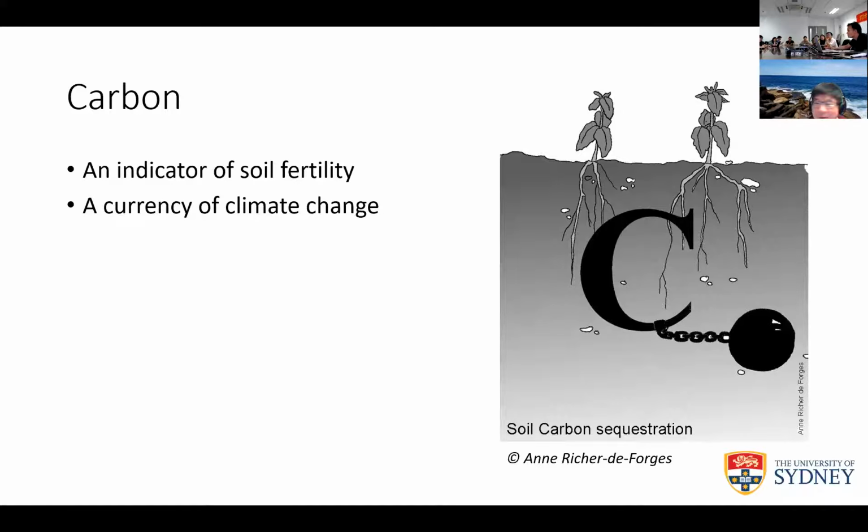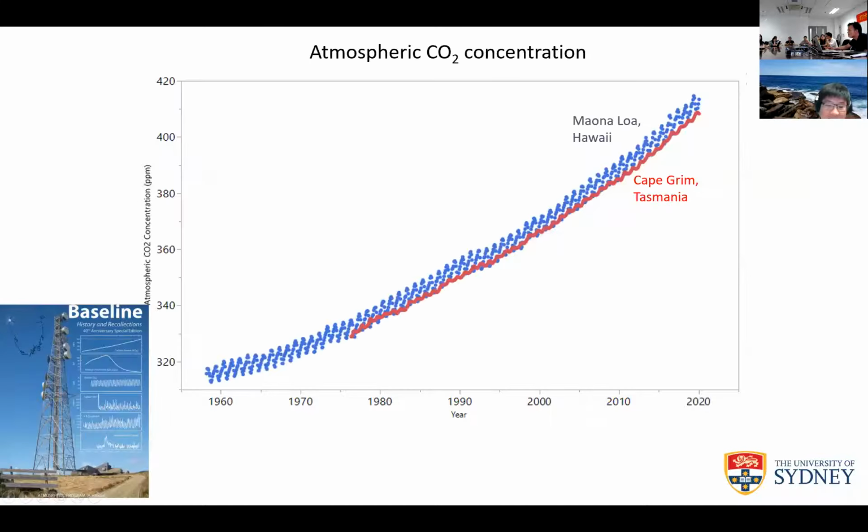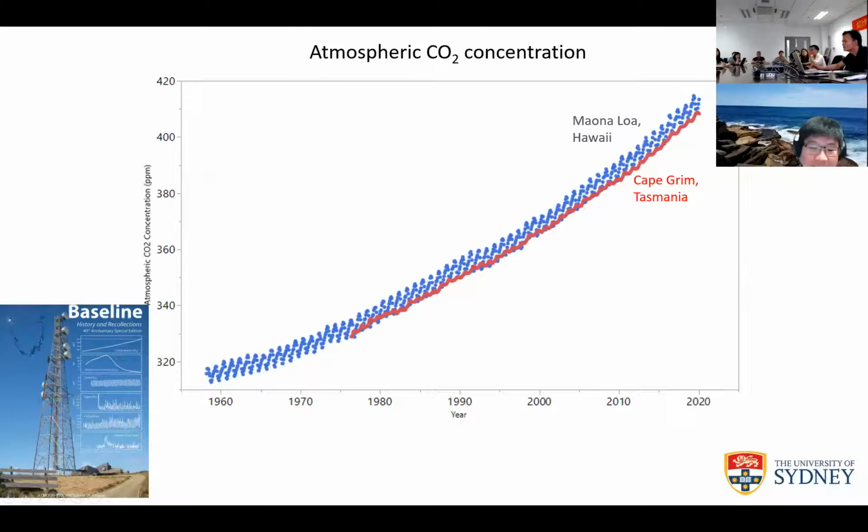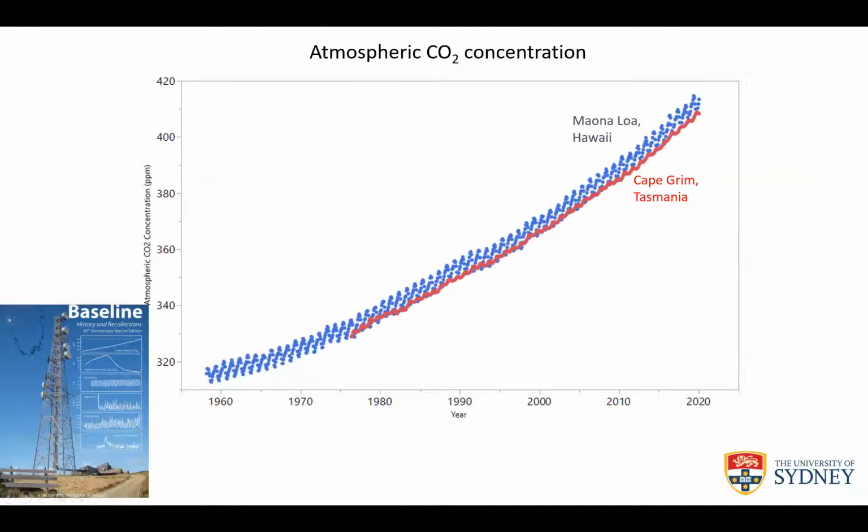If you look at this graph, probably you have known it all. It's a famous graph. The blue one is the CO2 concentration in the air in Hawaii. They have monitored this since the 1960s. Why Hawaii? Because Hawaii is a very natural place. There was not much industry at that time.